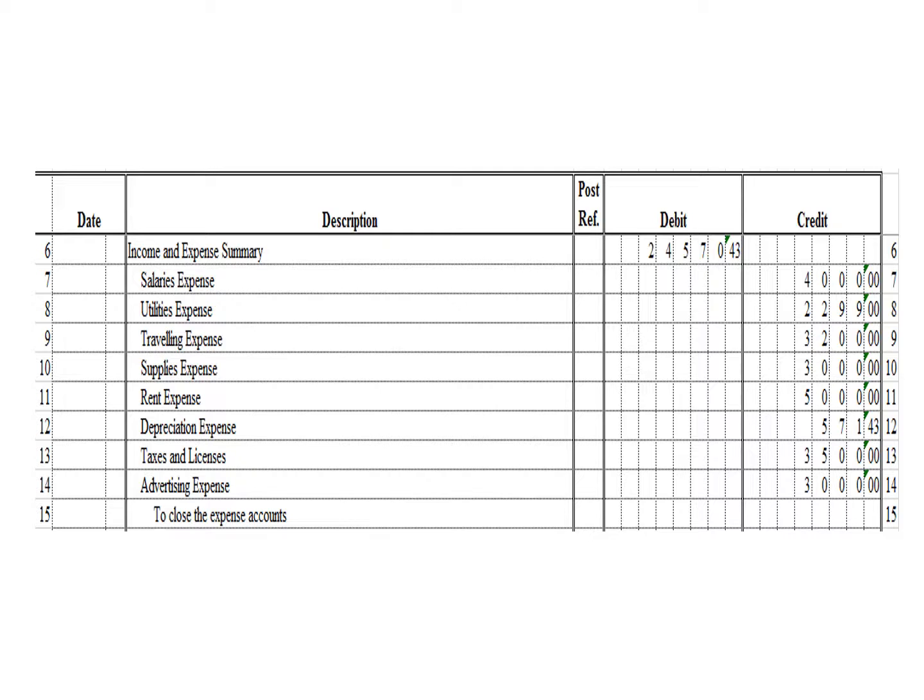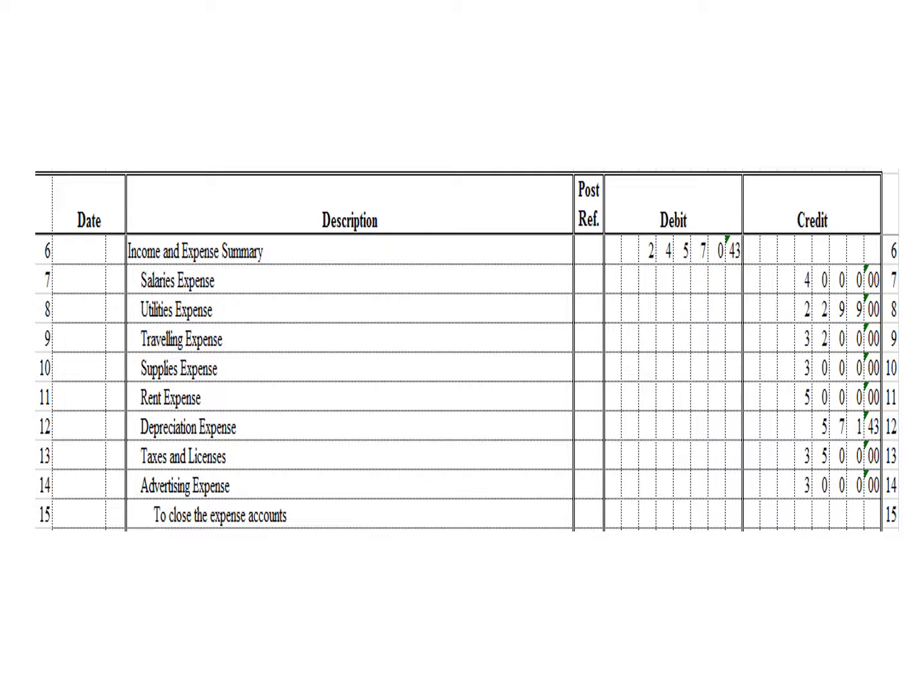We credit supplies expense 3,000 pesos. We credit rent expense 5,000 pesos. We credit depreciation expense 571 pesos and 43 centavos. We credit taxes and licenses 3,500 pesos. Then we credit advertising expense 3,000 pesos. Write the description to close the expense account.